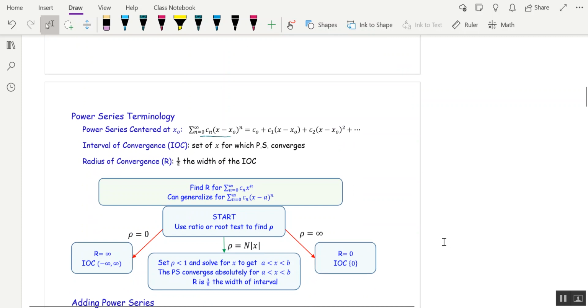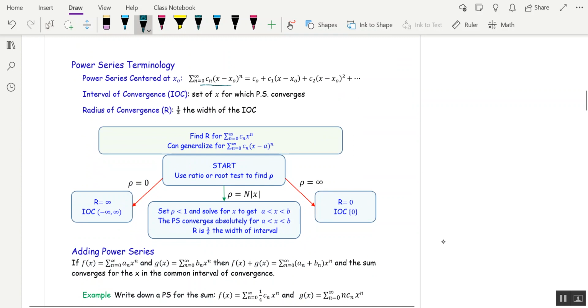Some terminology. This is from Calc 2, this graphic, if you remember that. The interval of convergence for a power series is the set of all x for which that power series converges. Now, a typical power series will be centered at a number x naught. Most of our power series today, all of them actually, will be centered at x naught equals 0.